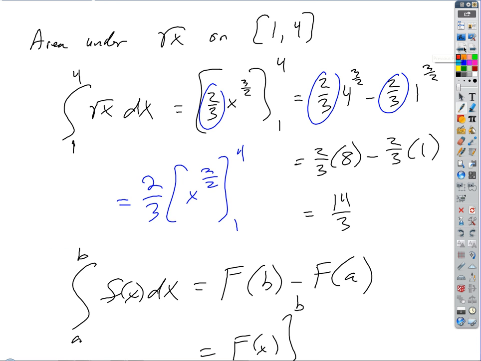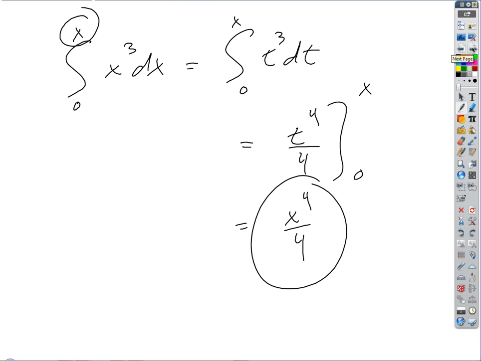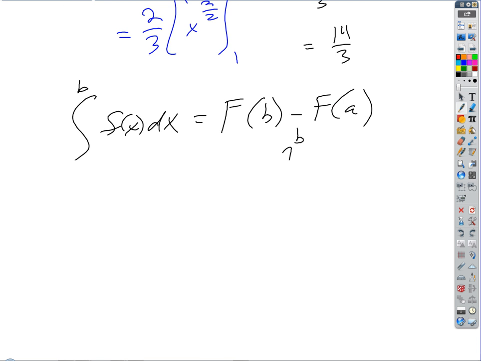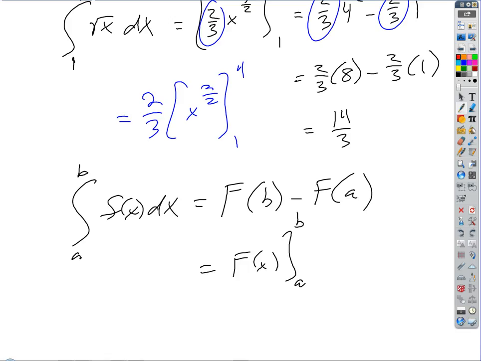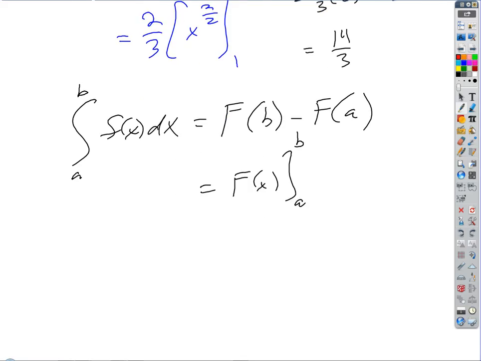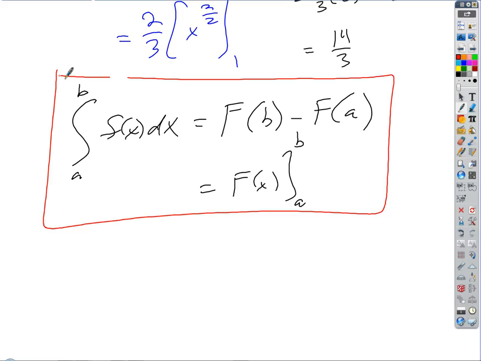Then, did we ever, oh, I get lost in all the stuff we did. I don't know if we ever actually wrote down, oh, here it is. Here's the fundamental theorem of calculus. Okay, right here. So what does this say? This is the first fundamental theorem of calculus.